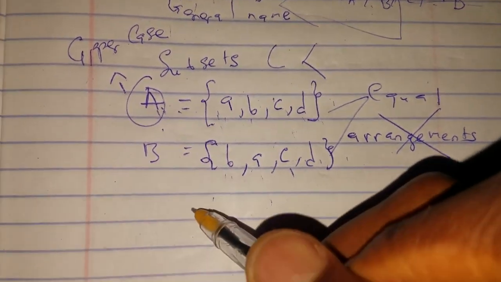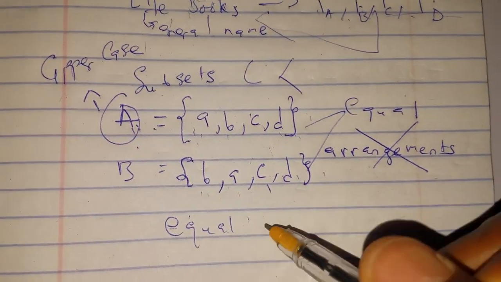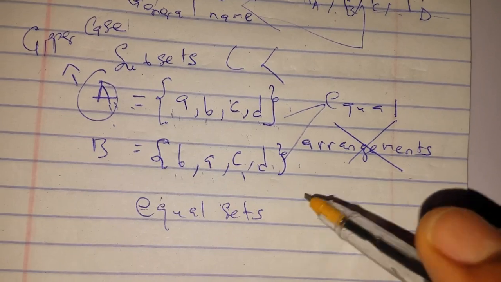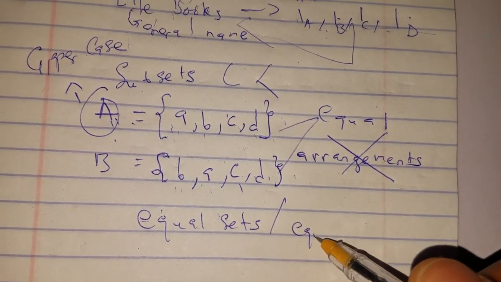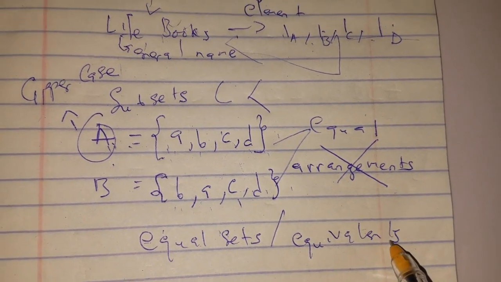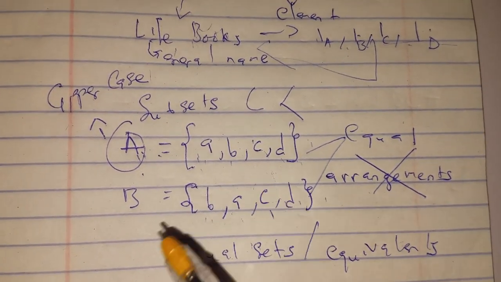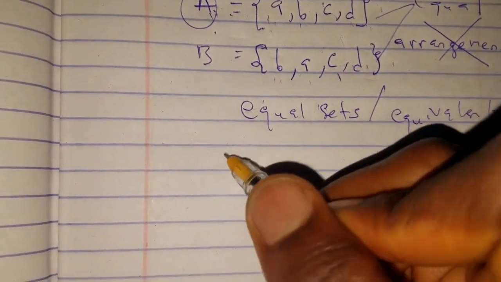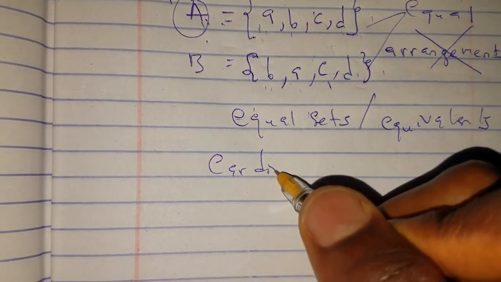Now equal sets are different from equivalent sets. Equivalent sets are sets which just have the same cardinality, and that's another keyword: cardinality.